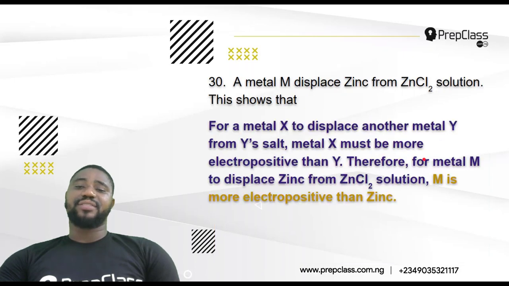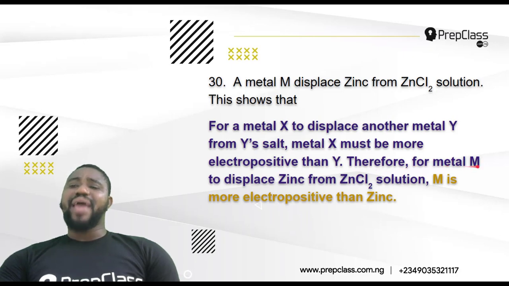Let us see. Now, for a metal X to displace another metal Y from Y's salt, metal X must be more electropositive or more reactive than Y. Therefore, for a metal M to displace zinc from zinc chloride solution, M is more electropositive than zinc.